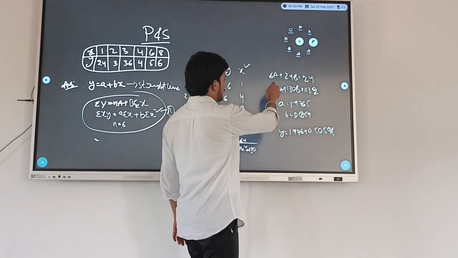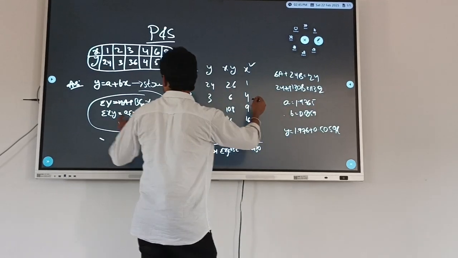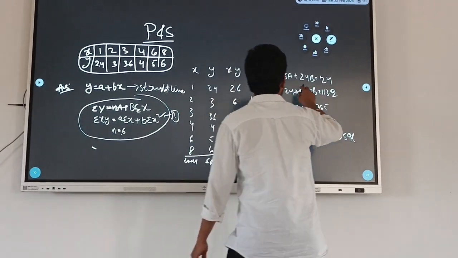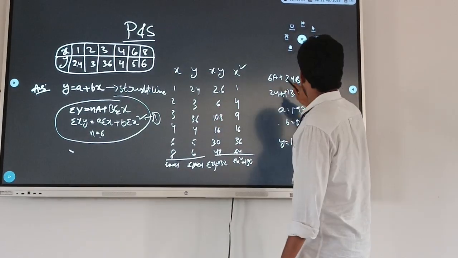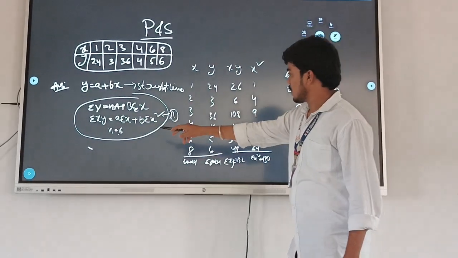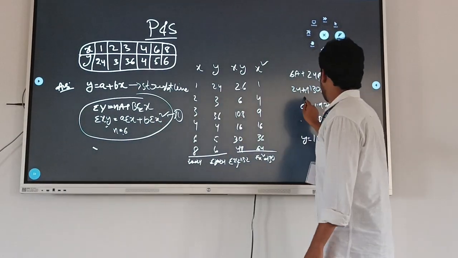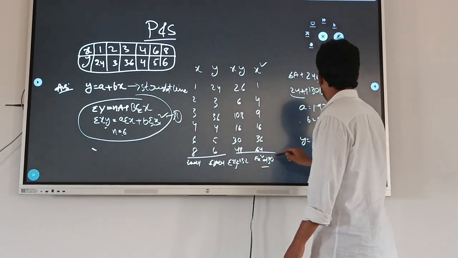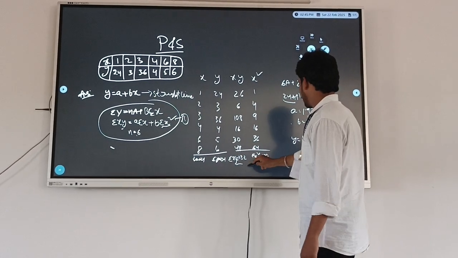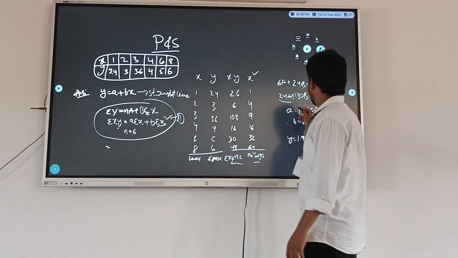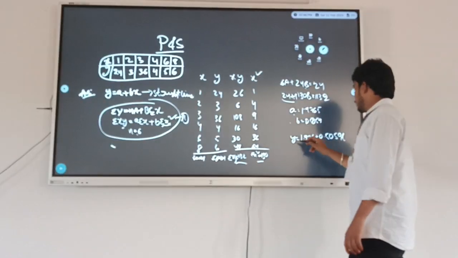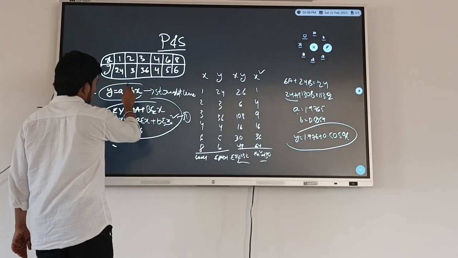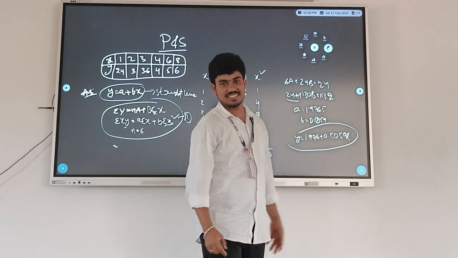Here n = 6, Σx = 24, Σxy = 24a, and Σx² = 130. Now find out the a value and substitute it in the right-hand formula. Then, thank you.